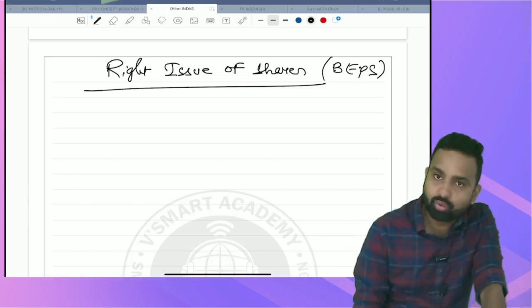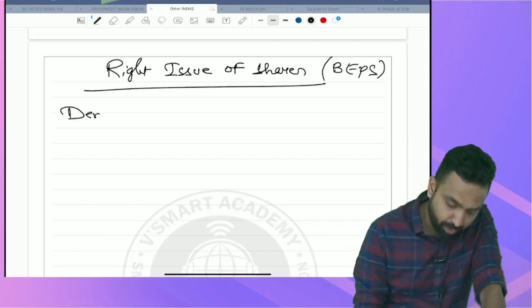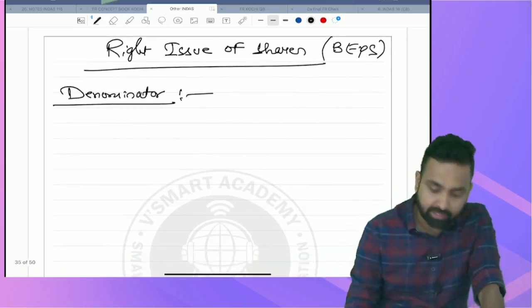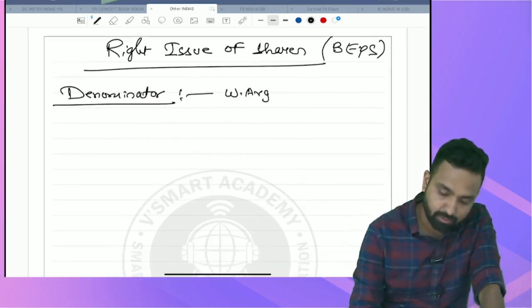Under right issue, basically what is the formula for the denominator? How do you calculate the denominator, that is the weighted average outstanding?